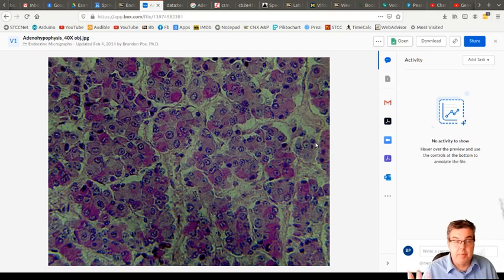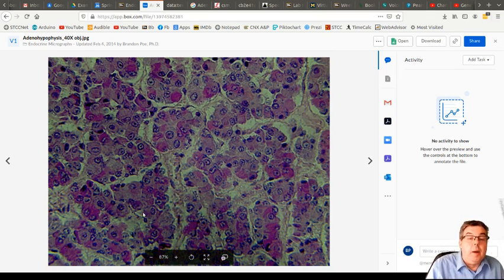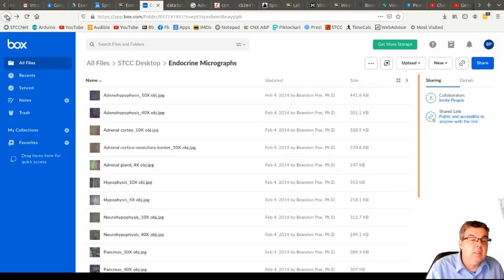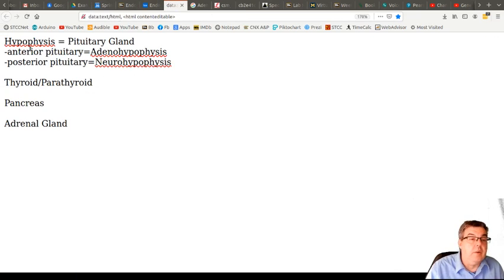And that's how the hypothalamus controls a number of the endocrine functional units that are discussed in the book. Anyways, so that is the pituitary gland, or the hypophysis. The anterior pituitary is the adenohypophysis, and the posterior pituitary is the neurohypophysis.